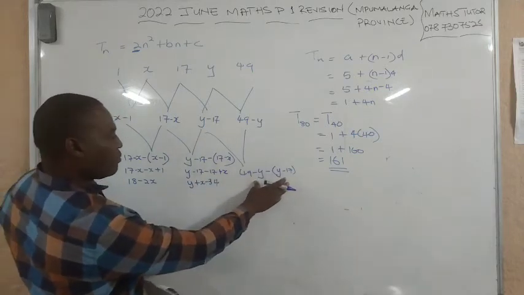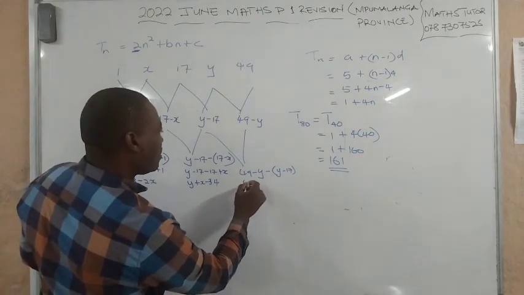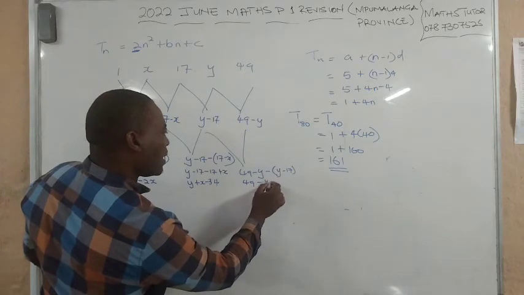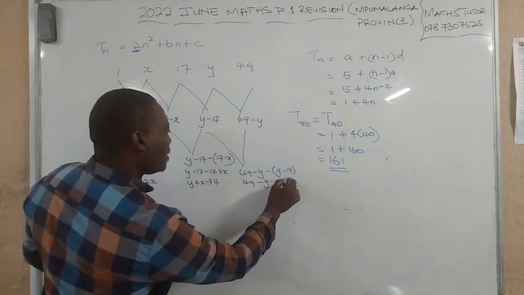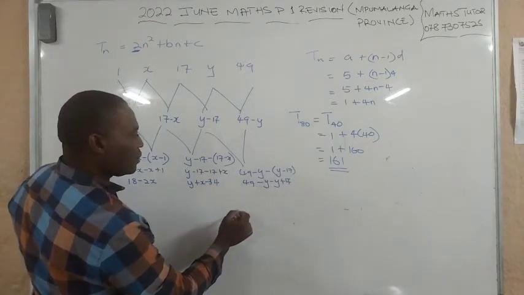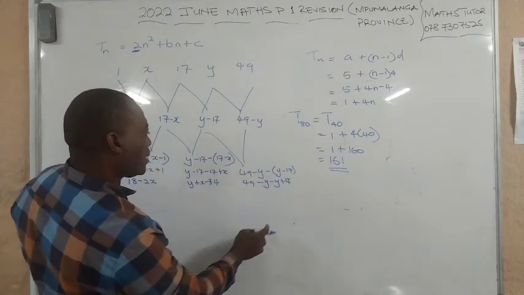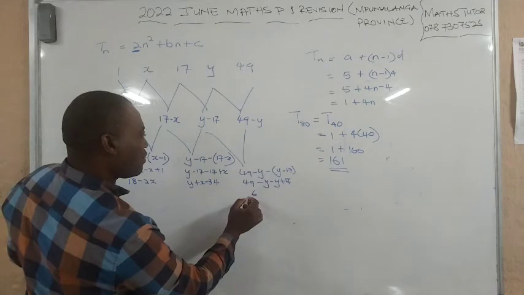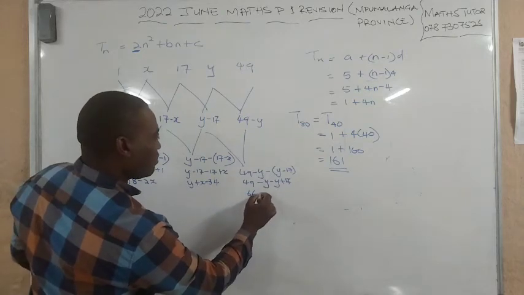If we simplify this, that will be 49 minus y plus 17, which will give us 49 plus 17, that's 66 minus 2y.